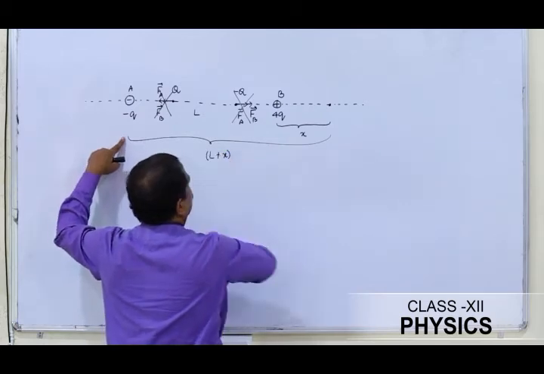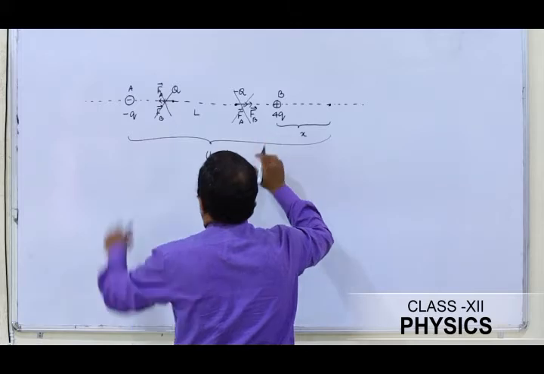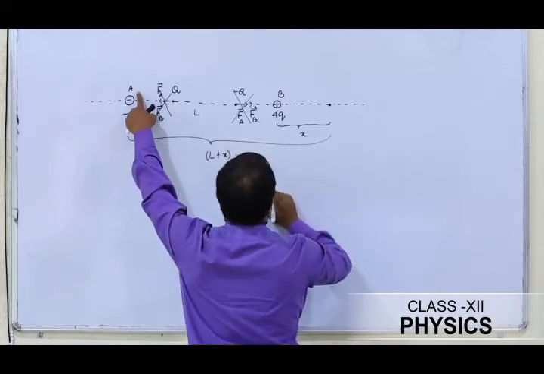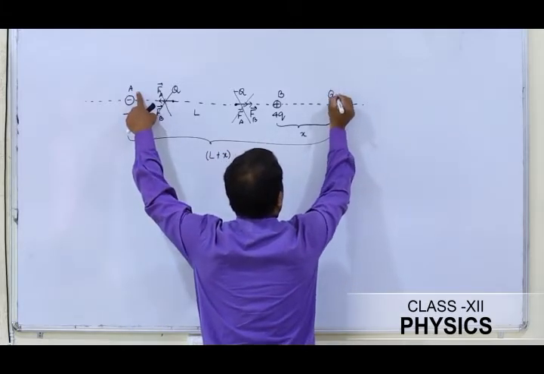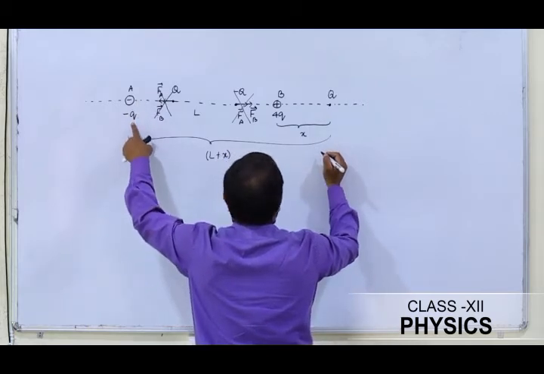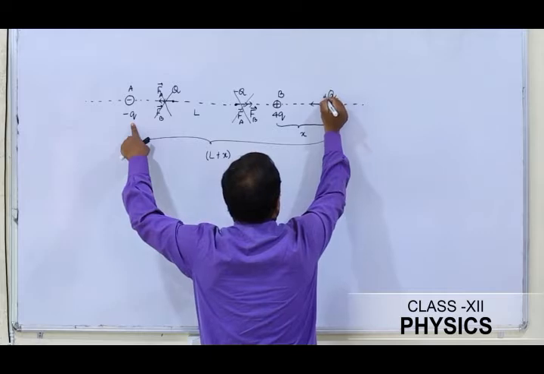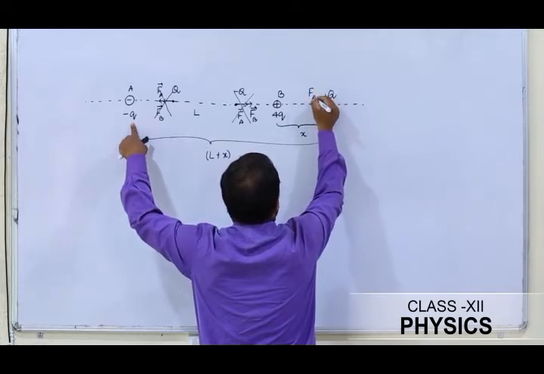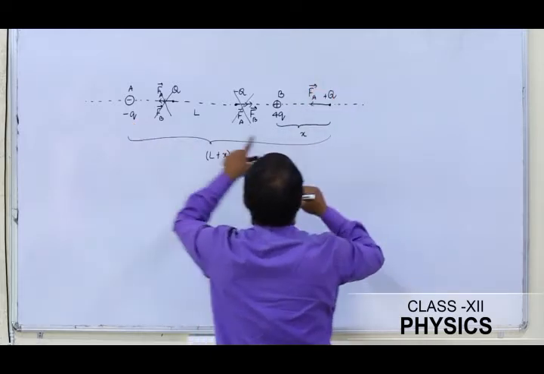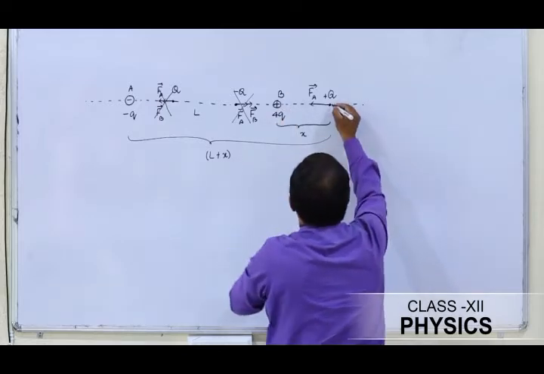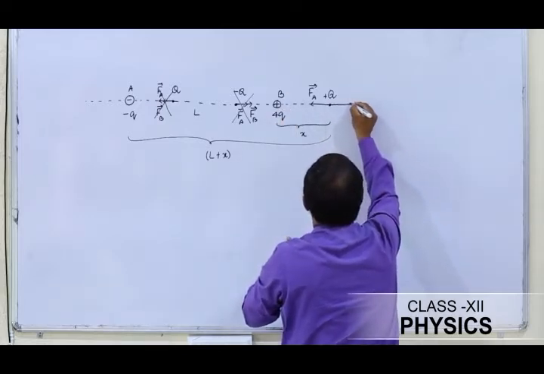Now the force exerted by the charge A on the charge q placed here: this minus q charge will exert an attractive force on this positive charge. So this is Fa. And the charge 4q at B will repel this charge this way.